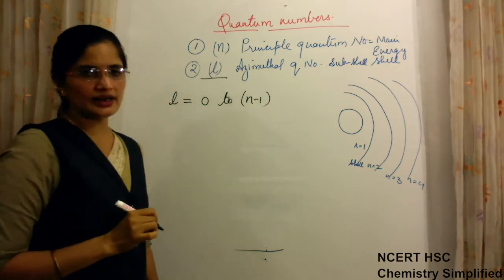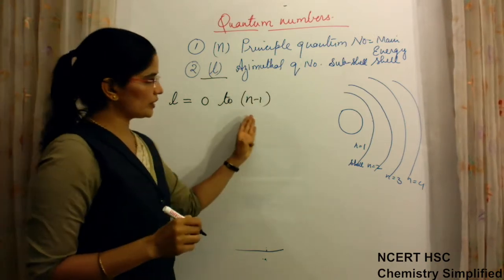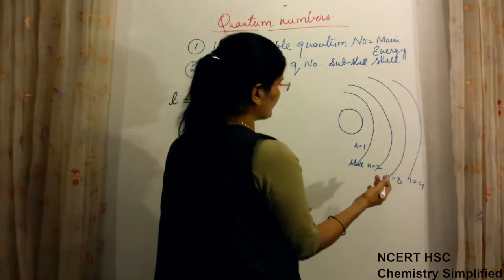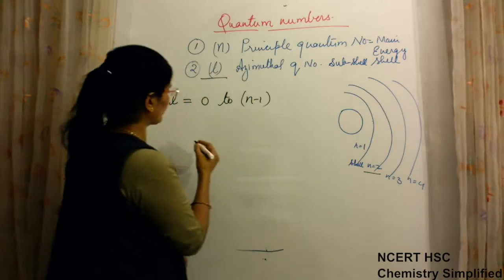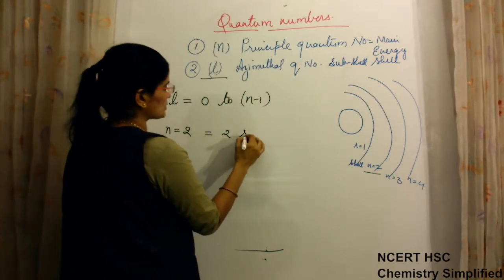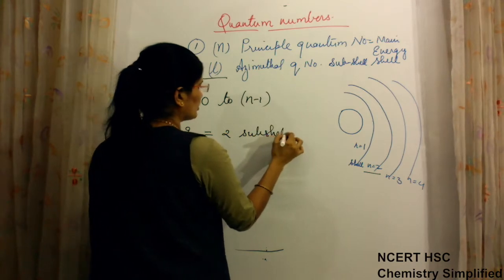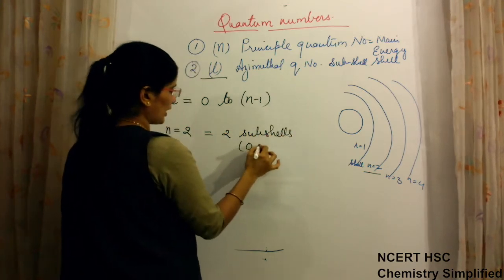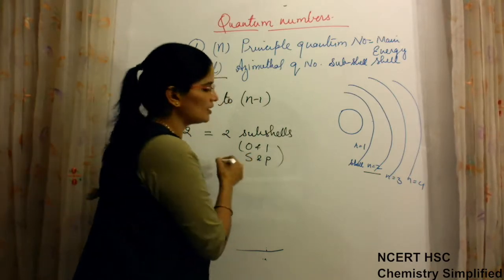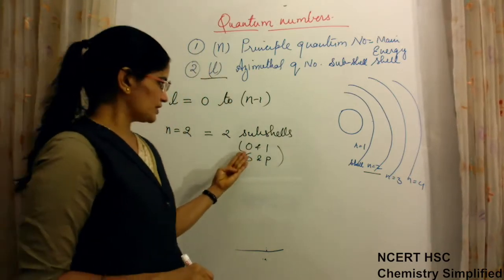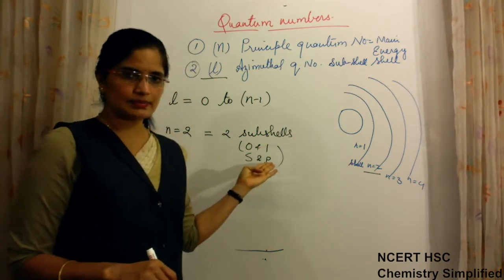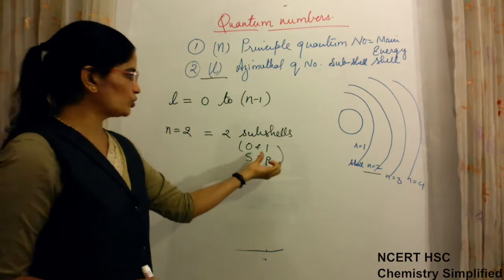This formula we had written yesterday, and according to this we concluded that whatever is the number of the shell, if n is equal to 2, then it will have 2 subshells. And what will be those 2 subshells? 0 and 1 in numbers, and S and P in letters. 0 in letters is S. 1 in letters is P. So we will have 2.